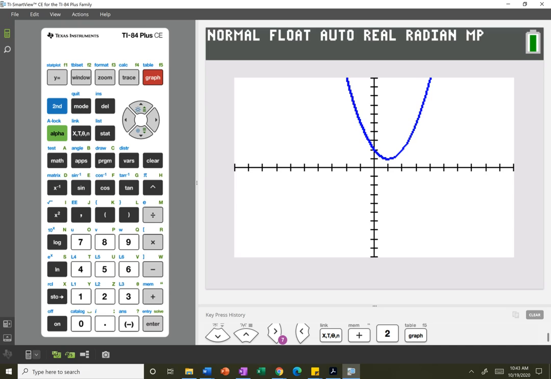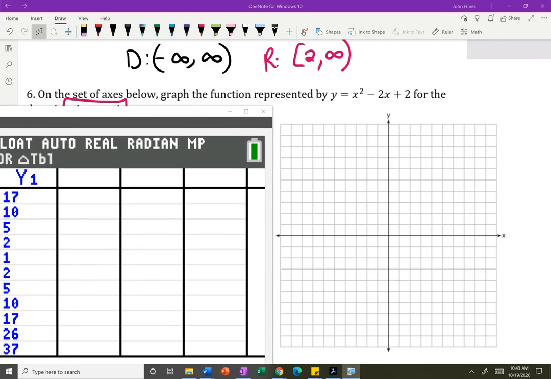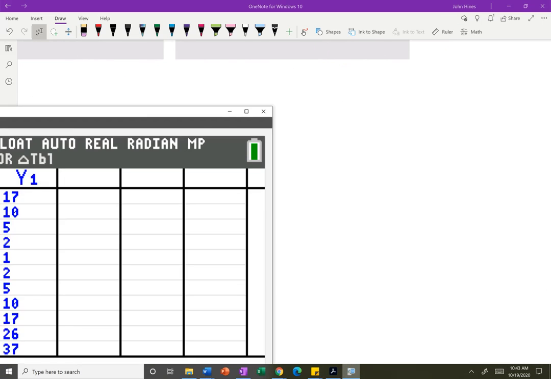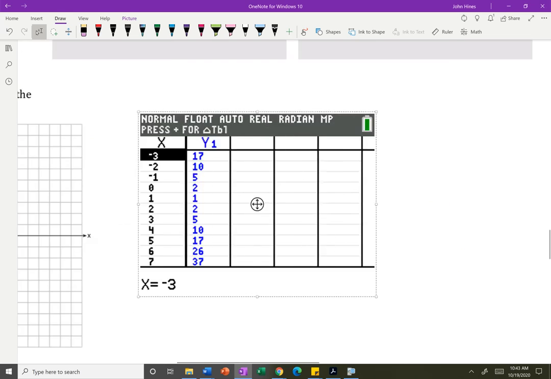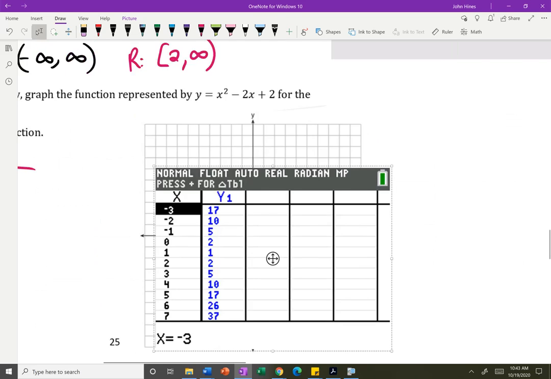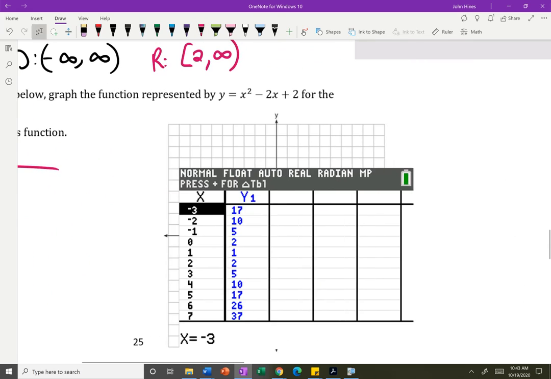It's that nice U-shaped curve, but I just care about from -1 all the way until, I believe it was 4. So let me drag that over here so I don't have to keep flipping back and forth. There we go. So my x values are from -1 all the way to 4. So 5, 2, 1, 2, 5, 10. That's all I'm graphing.